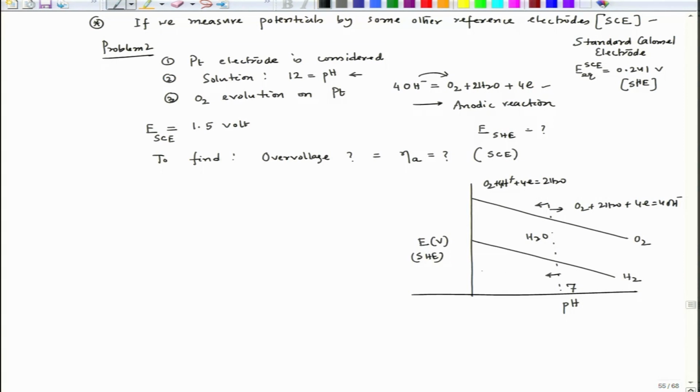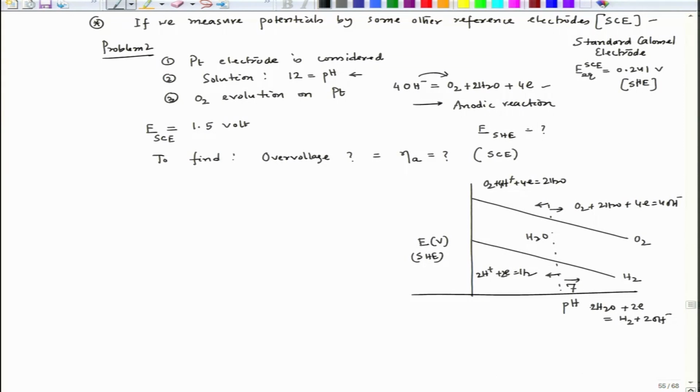and on this side it is 2H+ plus 2e equal to H2, and in this side the reaction that happens is water reduction, 2H2O plus 2e equal to H2 plus 2OH minus.